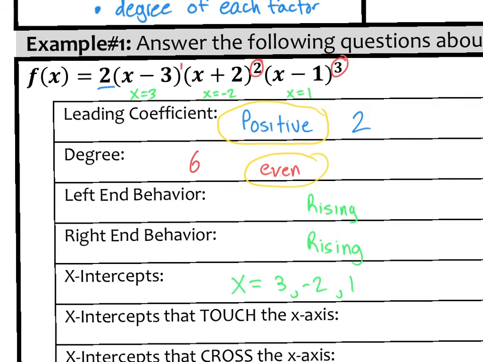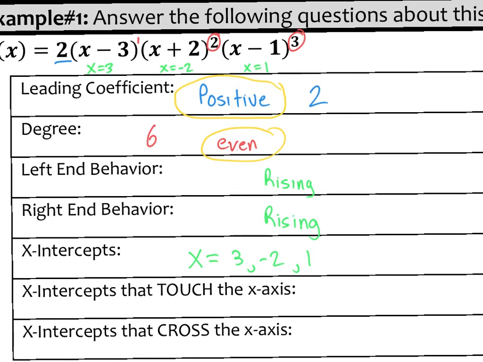All right, then we look at the degree of each zero to determine if it is going to touch the x-axis or if it's going to cross the x-axis. So remember, even degree zeros are the ones that are going to touch.